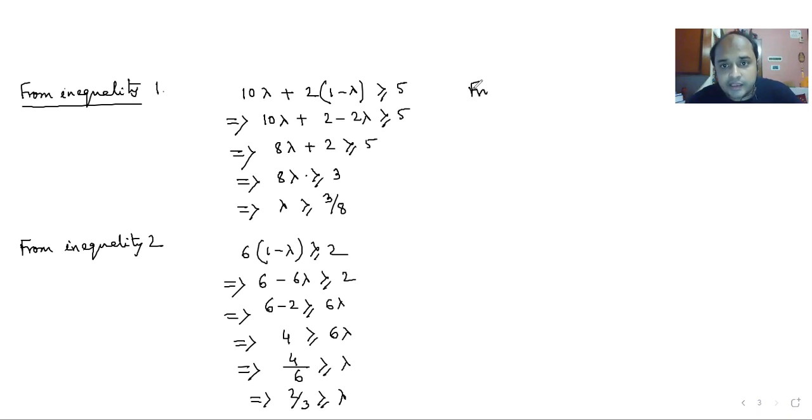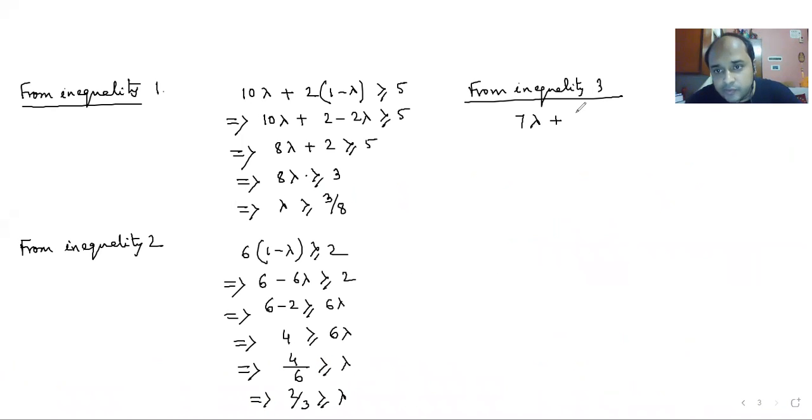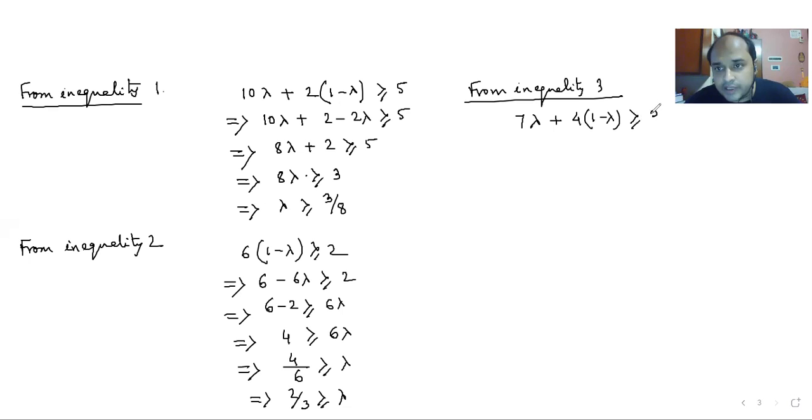And from inequality 3, what we are getting? 7 lambda plus 4 into 1 minus lambda should be greater than or equal to 3. So this implies 7 lambda plus 4 minus 4 lambda greater than or equal to 3.